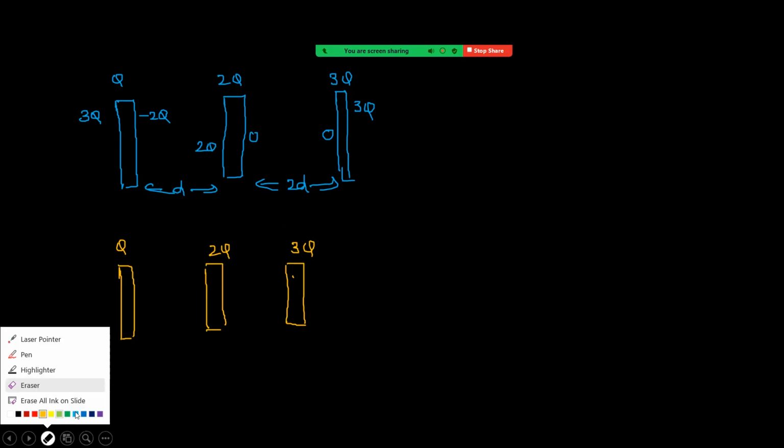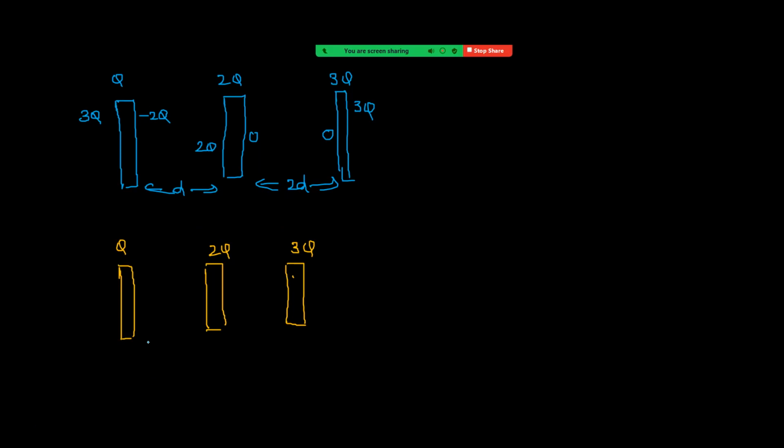Now after joining, for the left and right one, potentials must be the same. Okay. Joining. And by the logic we have discussed, the charge on the outer plates, means outer faces, remains the same, 3Q, 3Q. No change in these outer faces.